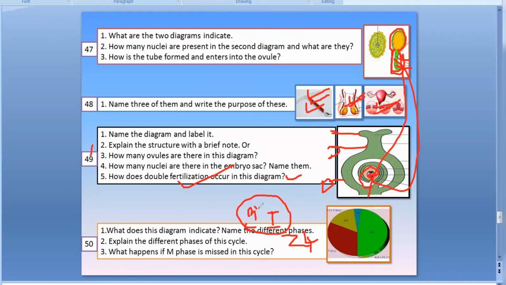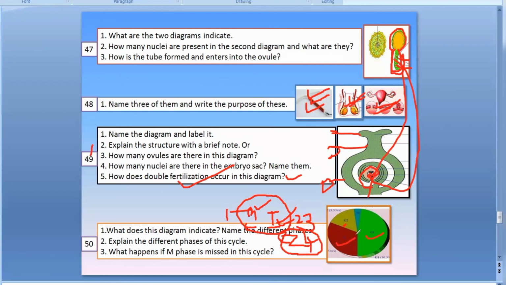One is mitosis and the second one is interphase. I already said the total cell cycle takes 24 hours. The interphase has 23 hours and mitosis has only 1 hour. In the 23 hours, three important processes occur: G1, G2, and S phase.